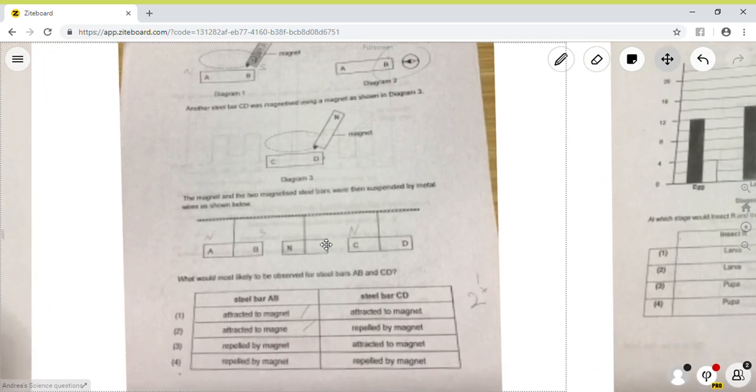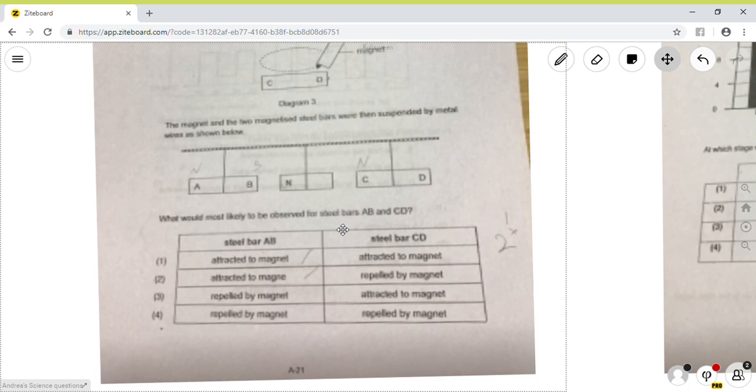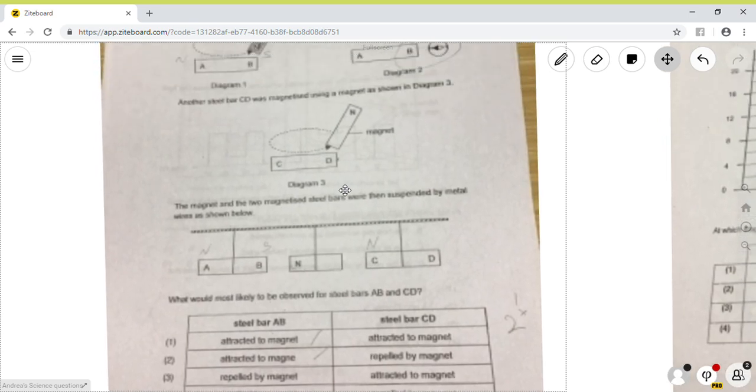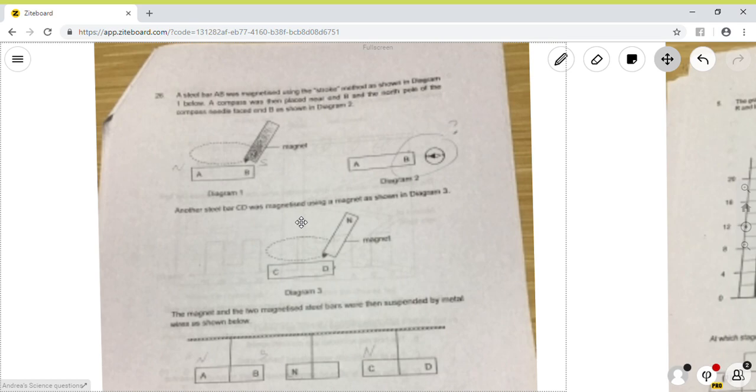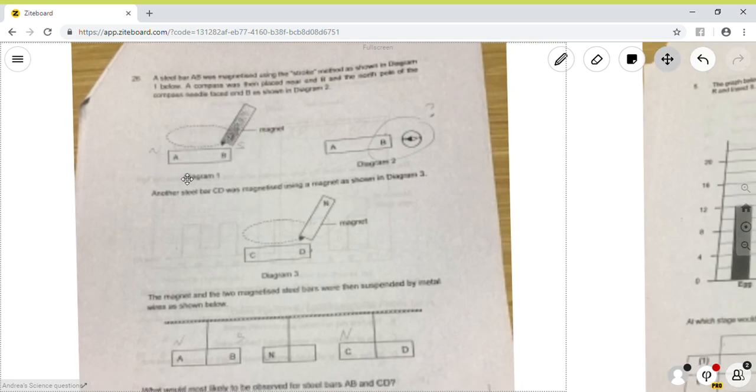What would we most likely observe for steel bars A, B, C, D? I have north here. Another steel bar was magnetized as shown.